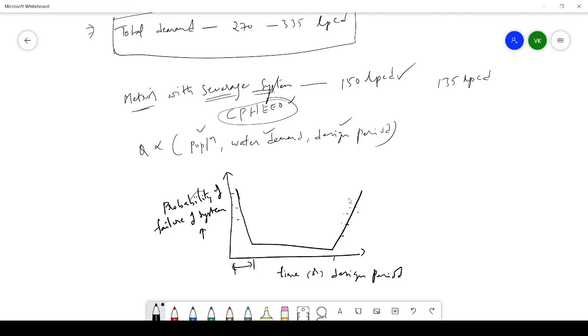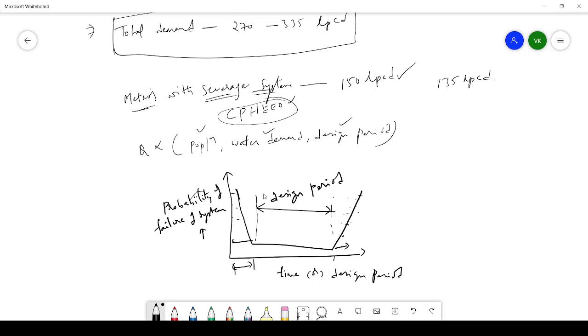So if you want to design a system, you have to design it in such a way that the probability of failure is minimum. So you have to take the design period of the system between these two values, in this range. You should not take very small, at the same time you should not take very high.